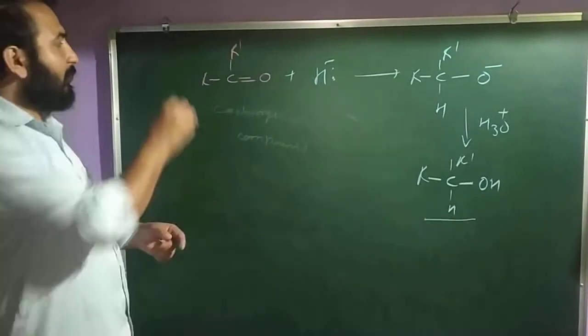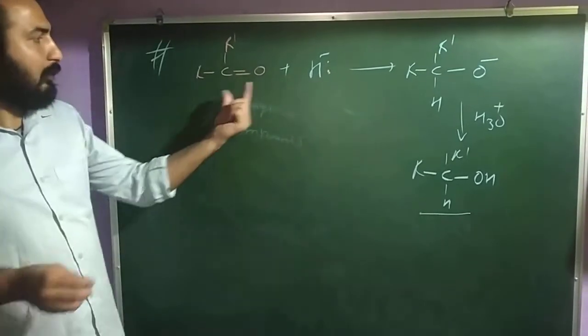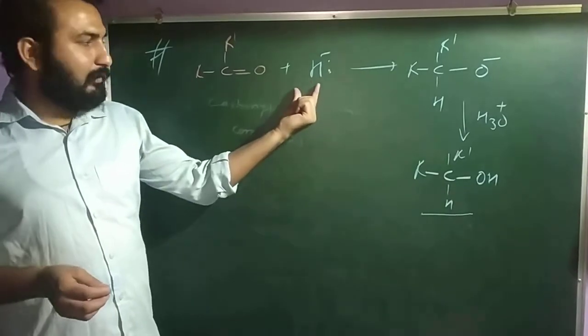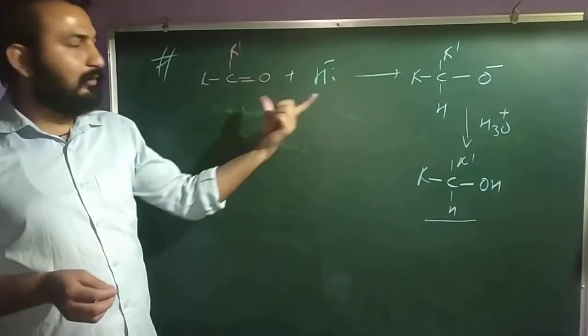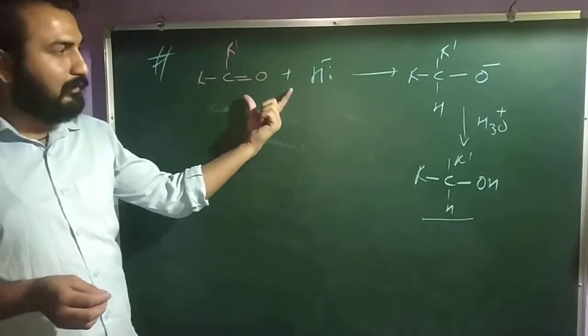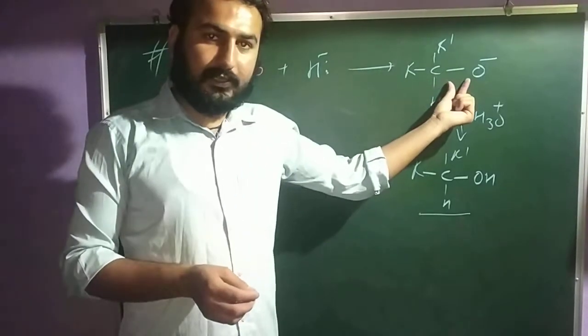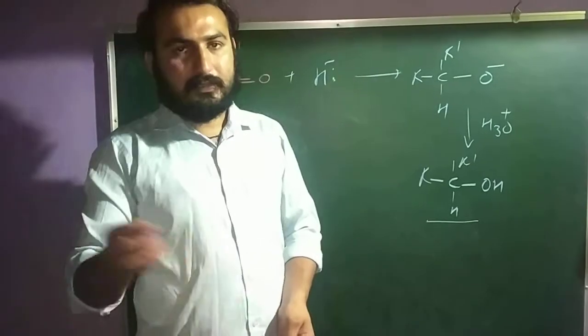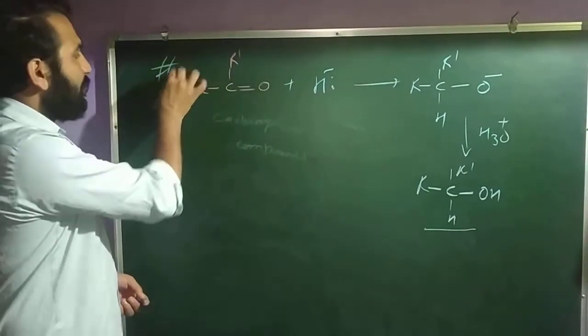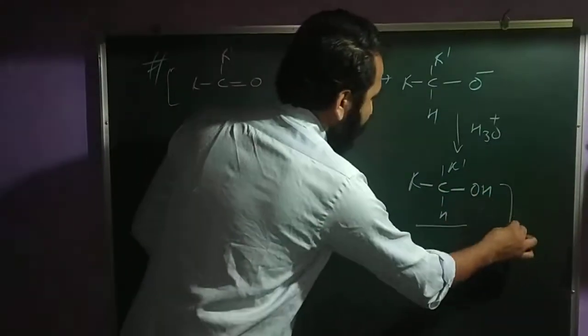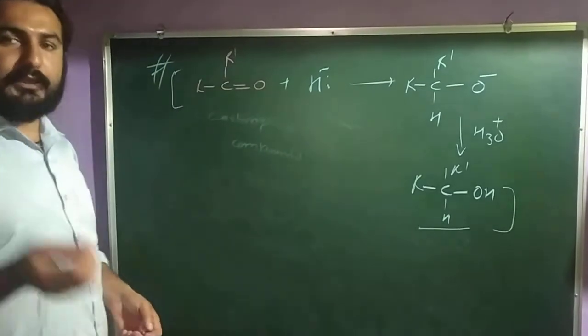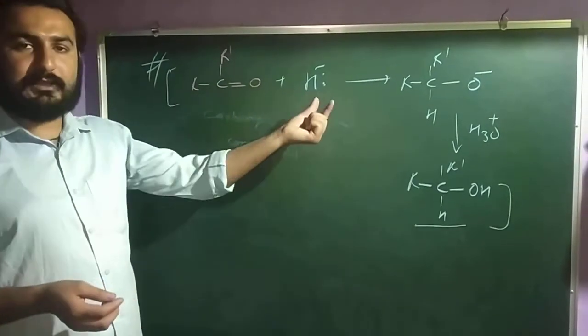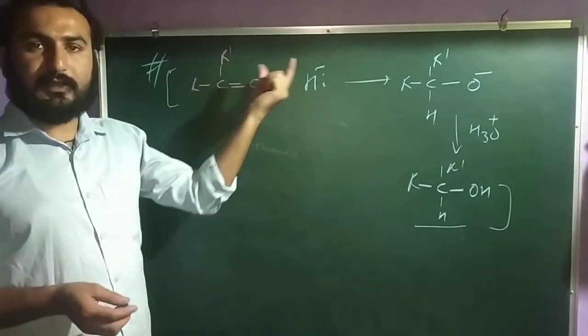That means what happened in the carbonyl compound? There is addition of hydride ion giving the alkoxide ion, and by protonation it gives the alcohol. So you can say the preparation of third degree alcohol is not done by the reduction of carbonyl compound.